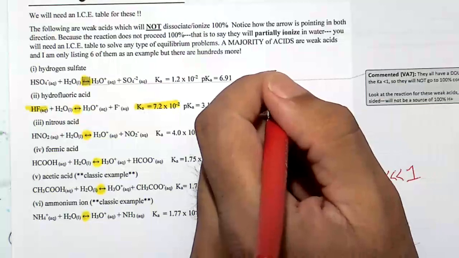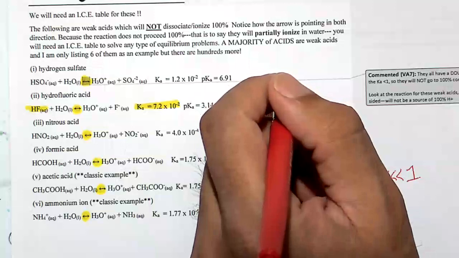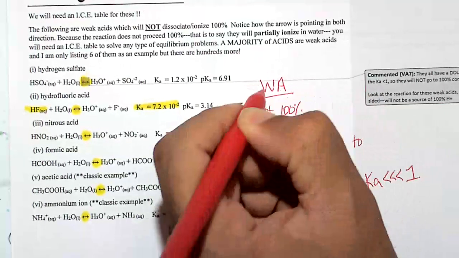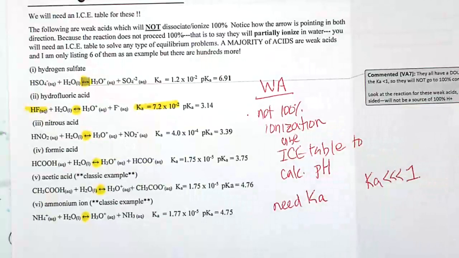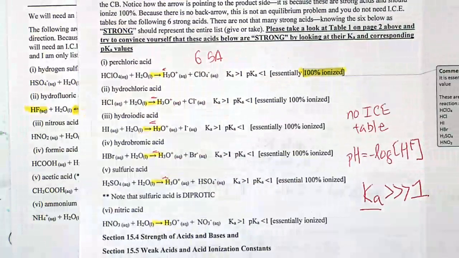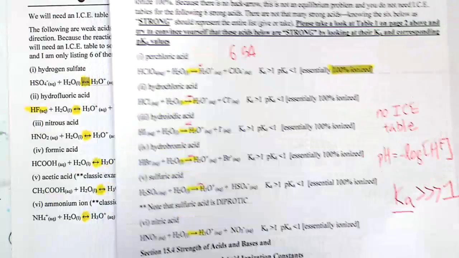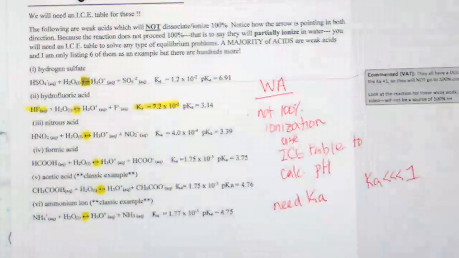This is the situation for what we are calling weak acids. How do we know, if I give you an acid on the exam, that it's weak? It's an equilibrium, but what else? It's not one of the 6. That's correct.